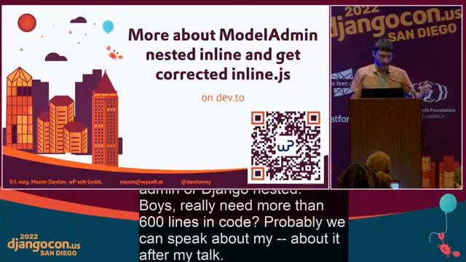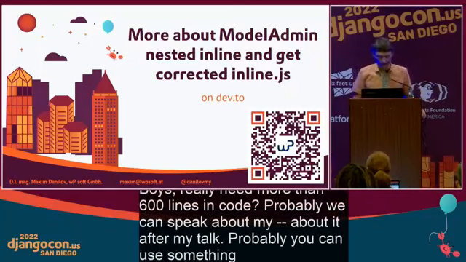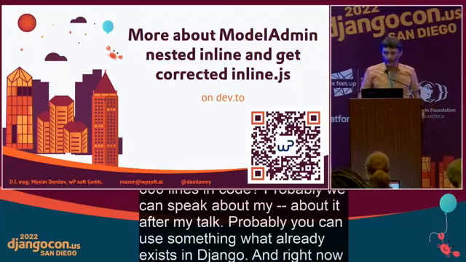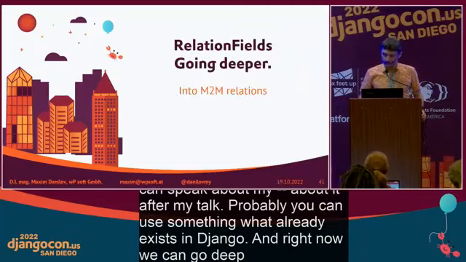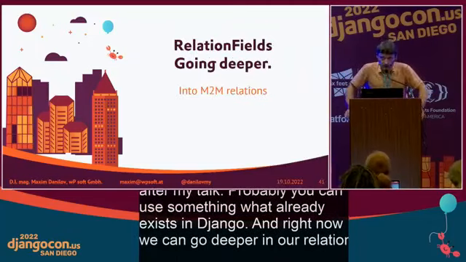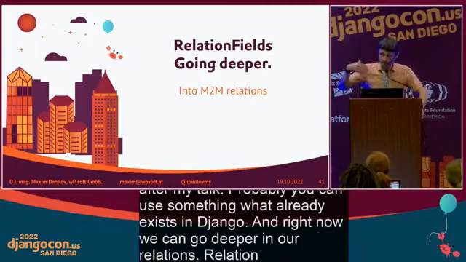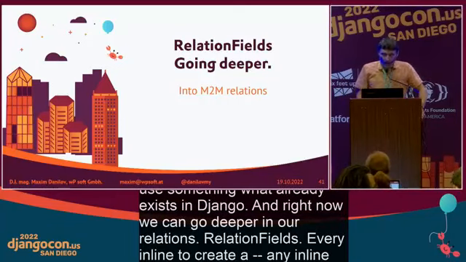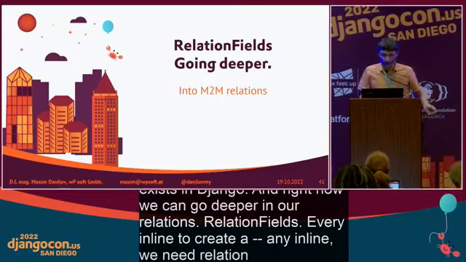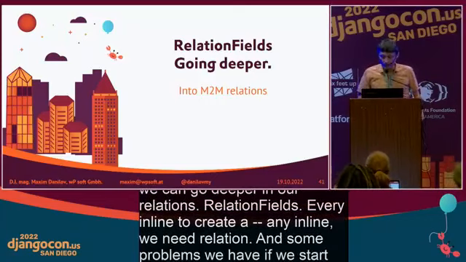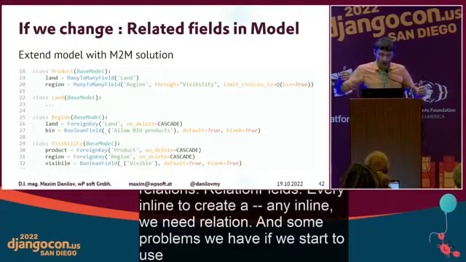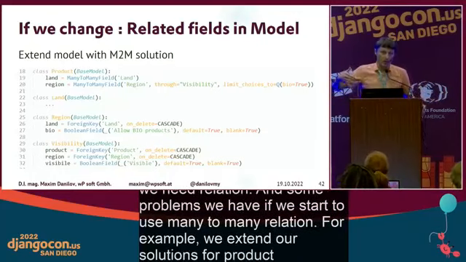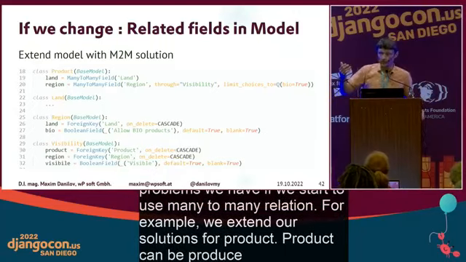Probably you can use something that already exists in Django. And now we can go deeper into our relations. Relation fields. To create any inline, we need a relation. And we have some problems if we start to use a many-to-many relation. For example, we extend our solution for product. A product can be produced in a land, for example, ski.